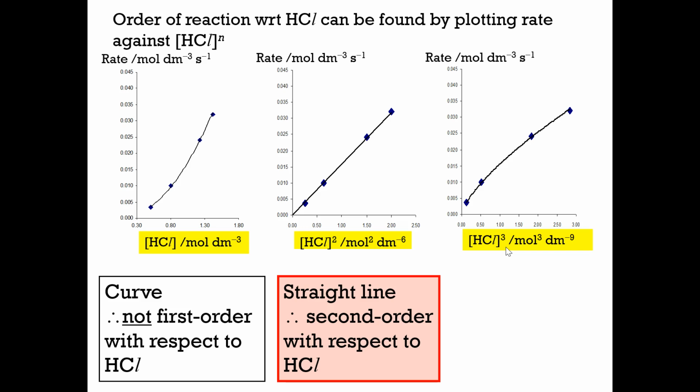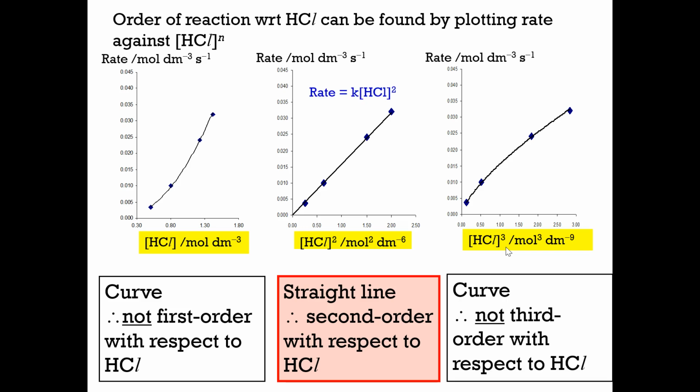And then when we do the rate versus concentration cubed graph, then you know that it is not third order with respect to HCl. The purpose of this example really is to highlight to you how you can use the rate versus concentration to the power of n graph to draw a conclusion. Basically, we are looking for a straight line linear graph.